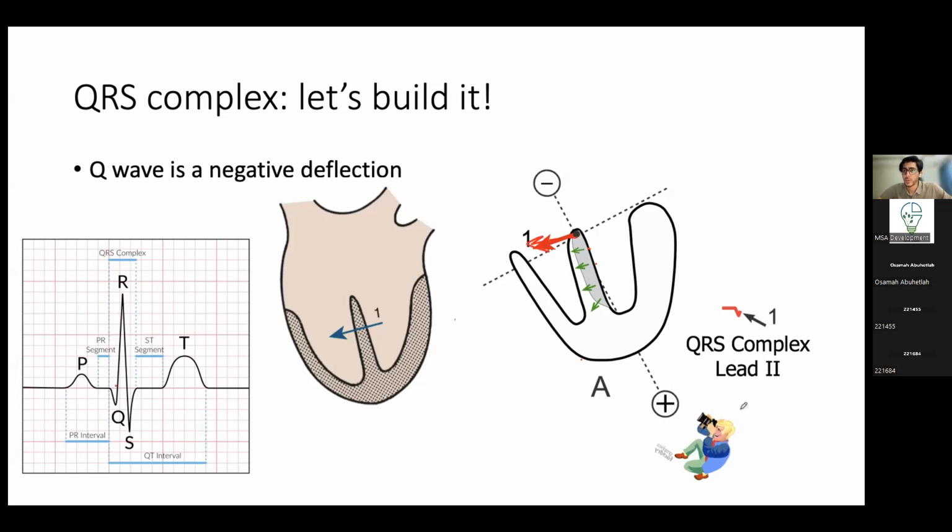Now, if I'm talking about lead 2, which has the positive electrode here, and I'm taking a photo from here, and I have a wave of depolarization that is spreading away from me, in this direction, I am going to have a negative deflection, all right? And that's the Q wave. So the Q wave is basically the depolarization of the interventricular septum, all right? Does that make it clear for you?